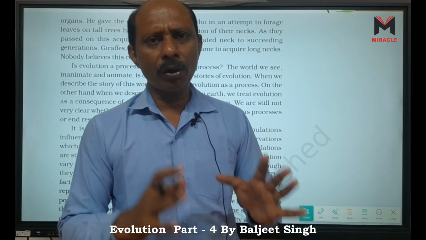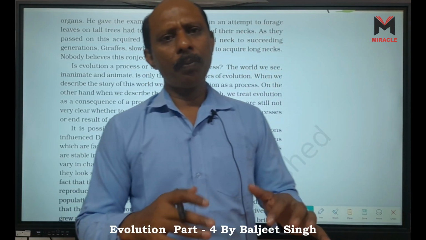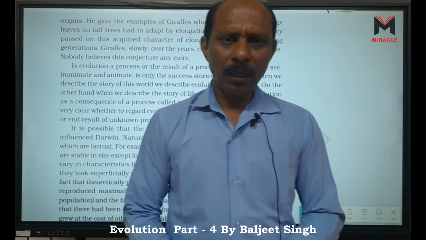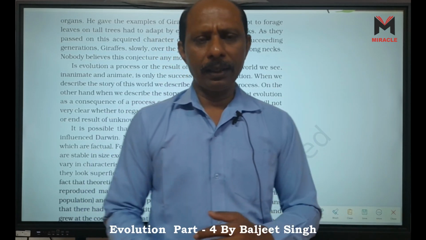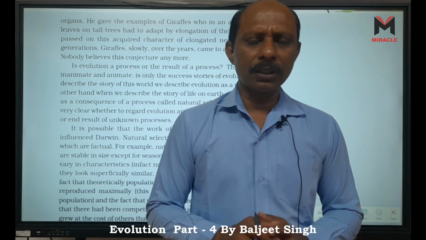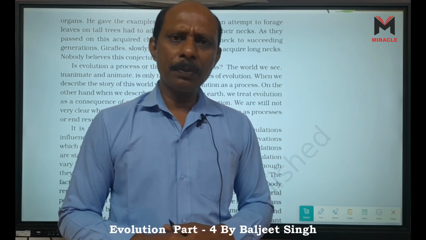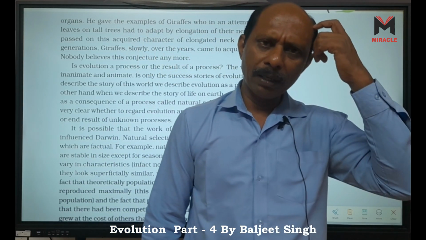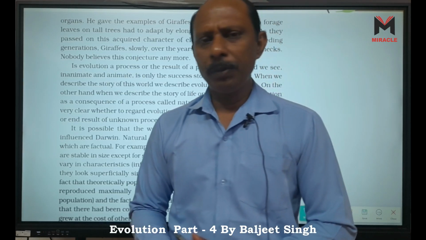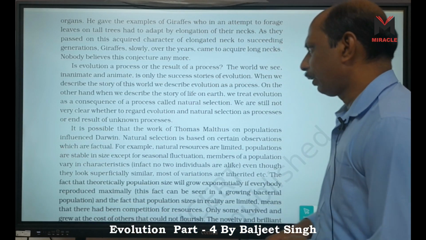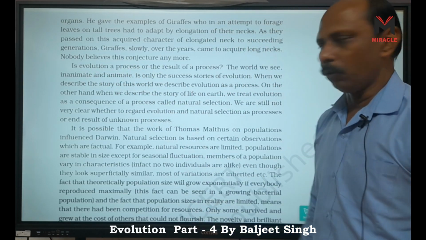If mutation or variation occurs in the somatic cell, it cannot be inherited by the next generation. But if the variation or mutation is present in the germplasm, it can be inherited. Only germplasm mutation can be inherited. So protoplasm is the base of life, as said by Weismann, right? So the protoplasm theory is given by Weismann, and Weismann rejects Lamarckism. That's why nobody believes this conjecture anymore.